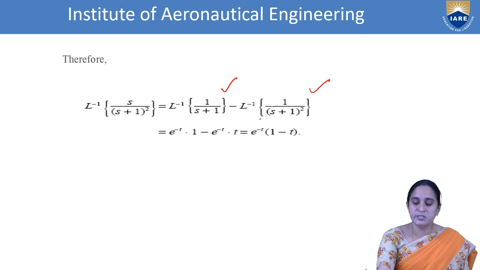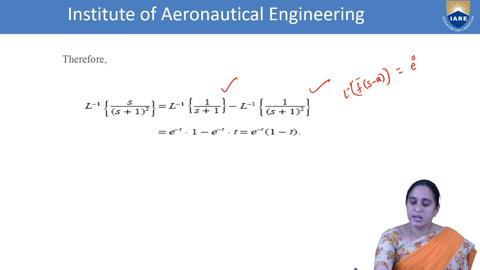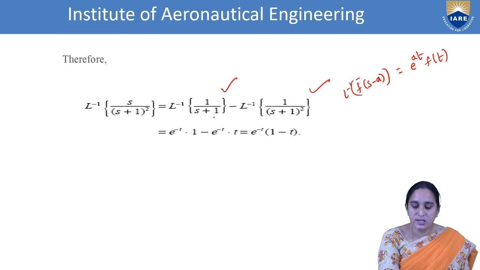By using the first shifting property, what is it? Laplace inverse of f of (s minus a) is equal to e power at into f of t. But here, what is s plus a? S plus a means here minus 1 as a.